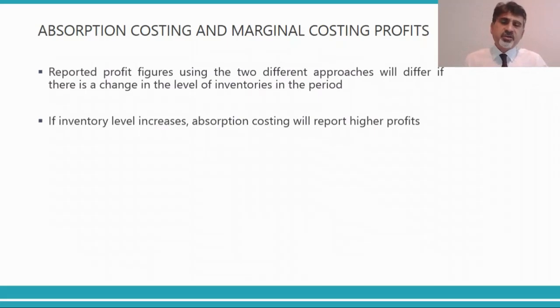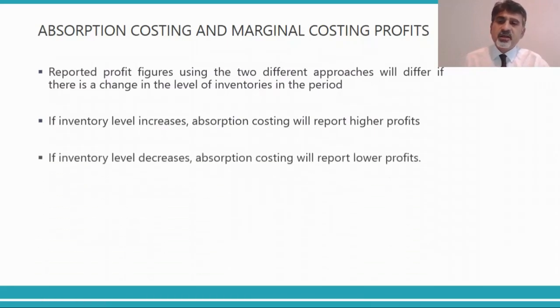Closing inventory was 300. Because closing inventory was more, our absorption costing profit was also more than marginal costing. If inventory level decreases, absorption costing will report lower profit. Yes, it goes vice versa. If you imagine that your closing inventory is less than the opening inventory, in that case your absorption costing profit will also be less than the marginal costing profit.